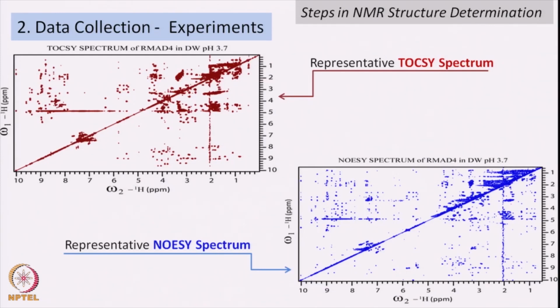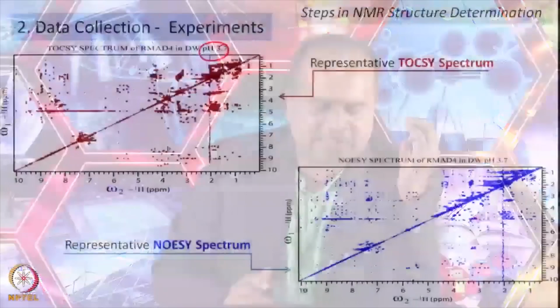Now this is a spectrum we have recorded of a 37 amino acid peptide in double distilled water at pH 3.7. You may ask why pH 3.7. As I said, this peptide has to be soluble. We found that this peptide was soluble at lower pH, therefore we had to reduce the pH to get a decent spectrum.